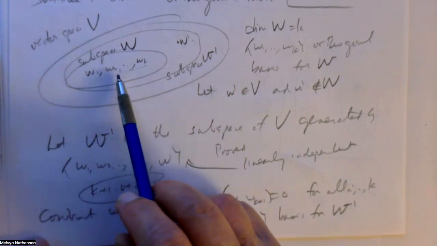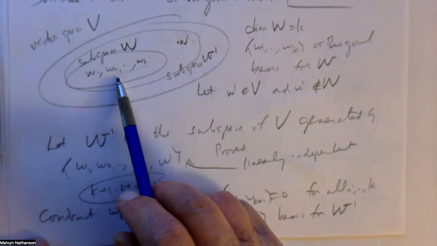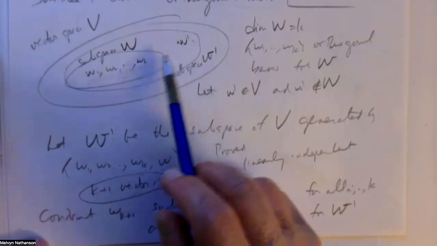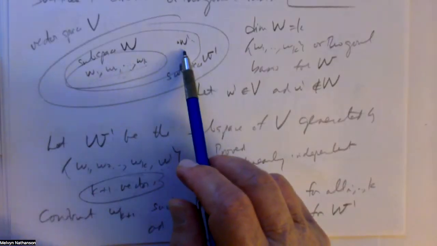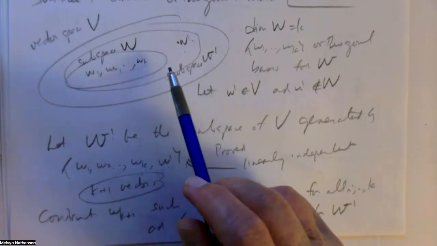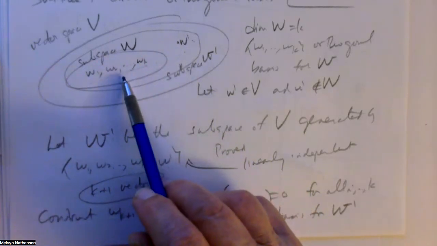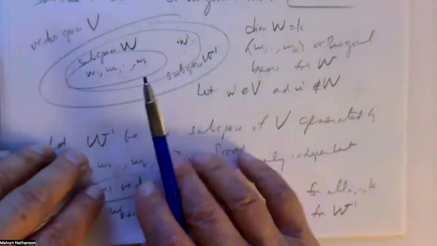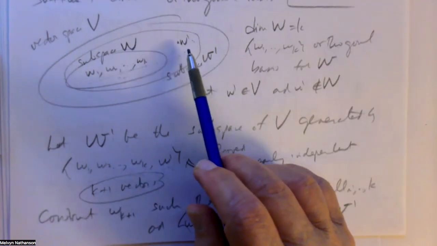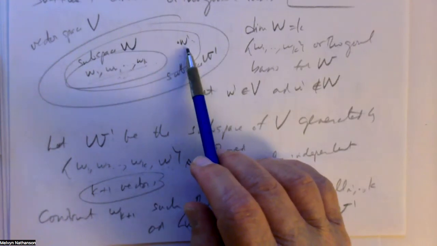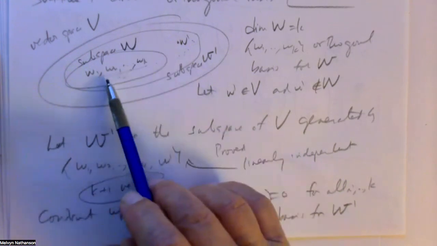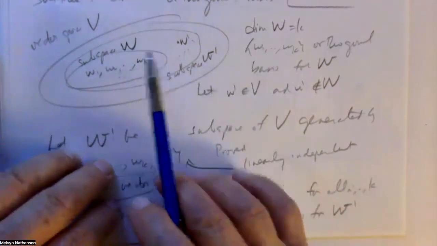So I start with an orthogonal basis for w. I have a vector w prime not in w, so that generates a larger subspace. And I want to be able to somehow extend my orthogonal basis for w to an orthogonal basis for w prime. And I'm going to do that by taking w prime and subtracting from it the projection of w prime in the direction of all of these k different vectors w sub i.